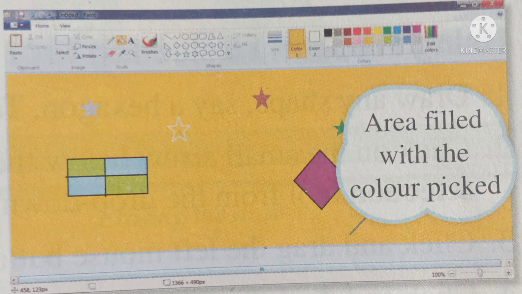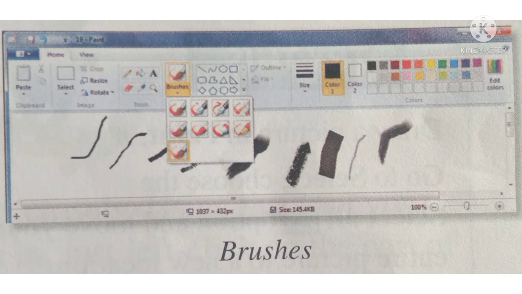Number 3. As soon as the color is selected, the Color Picker tool icon changes to the Fill with Color tool icon. Number 4. Click on the desired area of the picture to fill it with the color picked. Brushes.